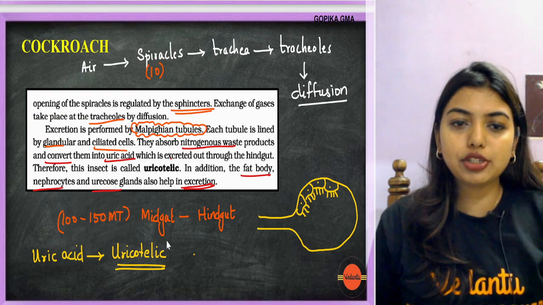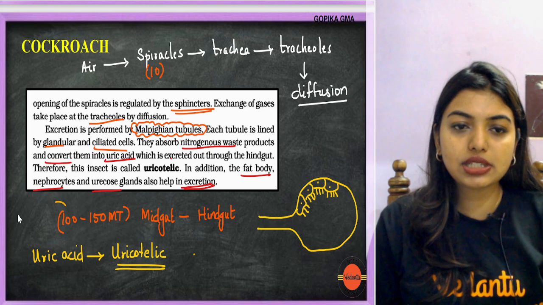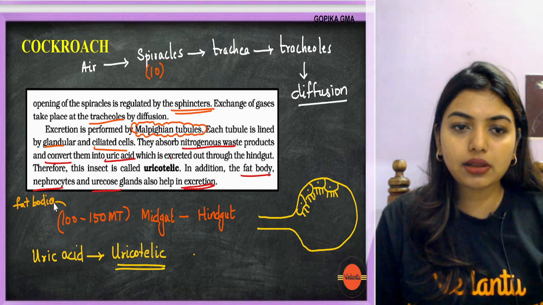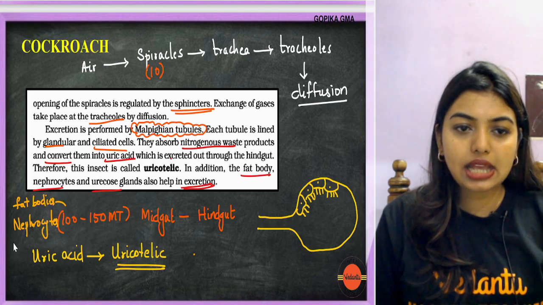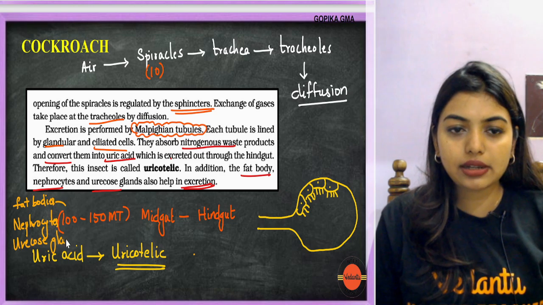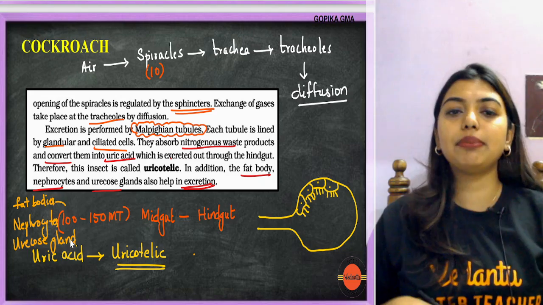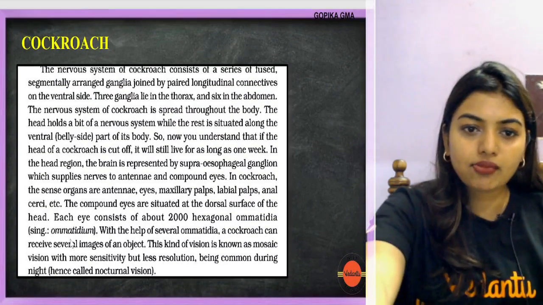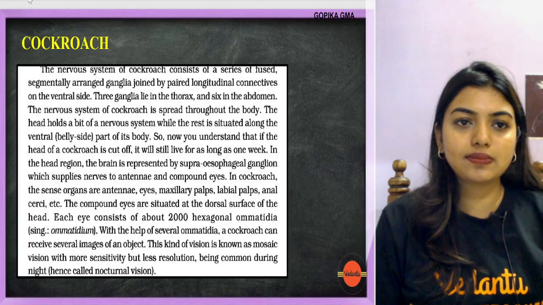No, along with Malpighian tubules they have fat bodies, nephrocytes, as well as uricose gland. These three are going to help in excretion. Clear?